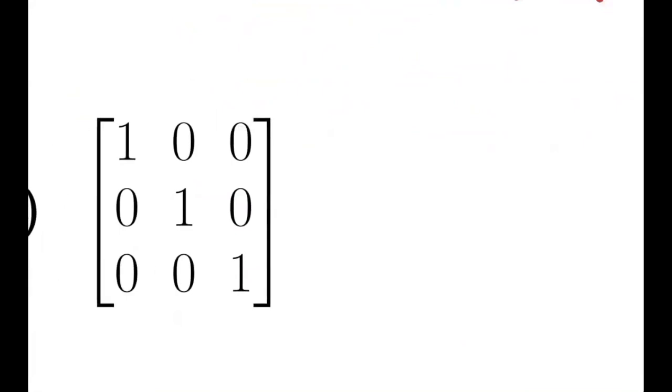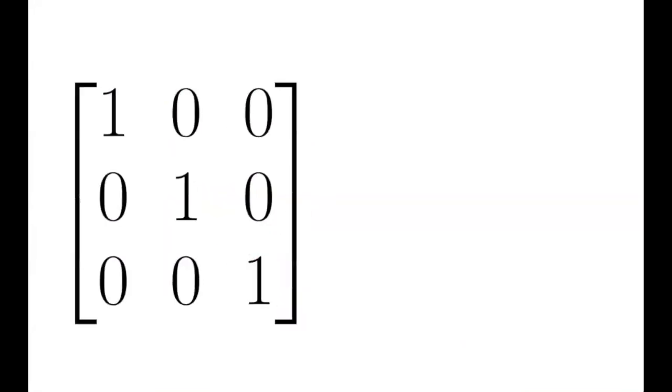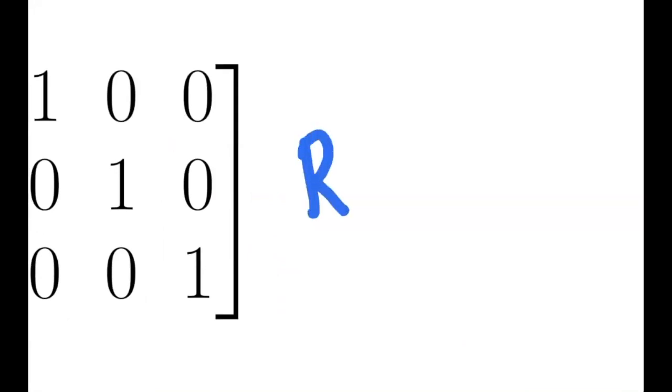I just look for the staircase. That's what the term echelon is referring to. The term echelon refers to the stair step pattern formed by the non-zero entries of the matrix. But this is definitely row echelon form.